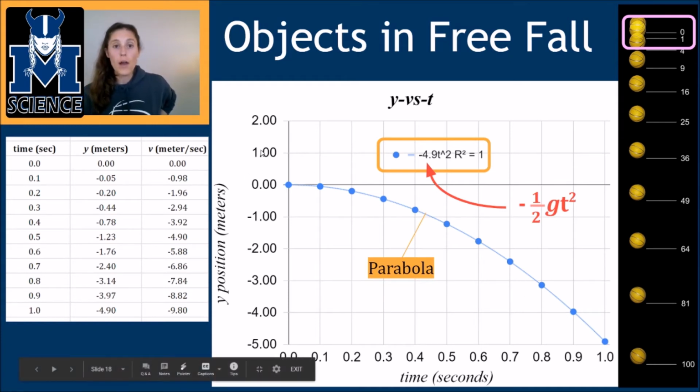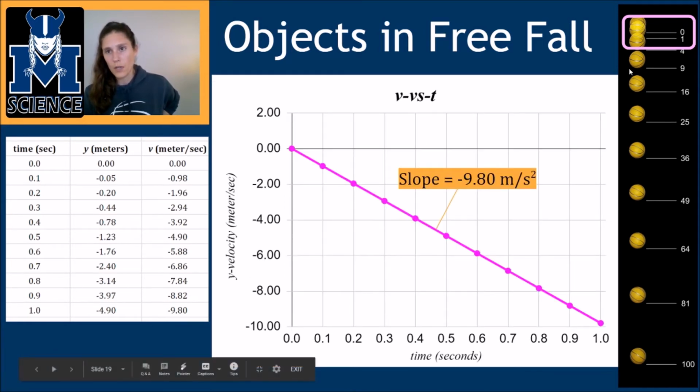So if we were to make a graph of an object in free fall of velocity versus time, specifically for this basketball that we're dropping, and again, we're just looking right now at just the first 1 second. So we've taken a lot of data points for just this first second. Your slope would be negative 9.8 meters per second squared, because your slope is rise over run, and your rise would be in meters per second, and your run is in seconds, so meters per second squared.